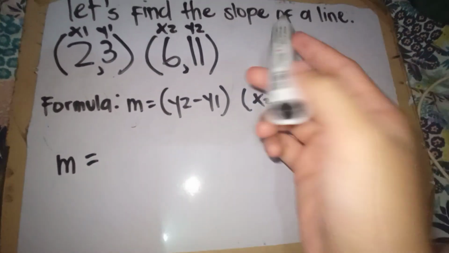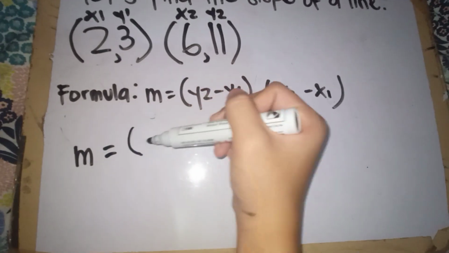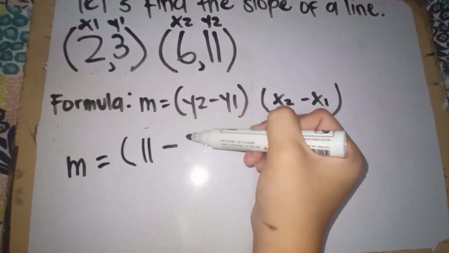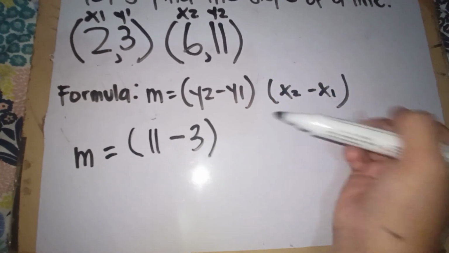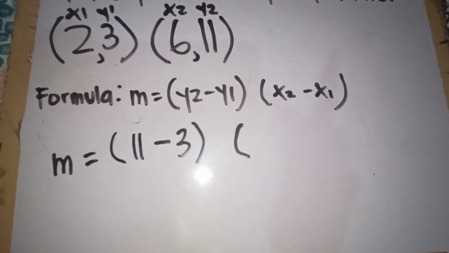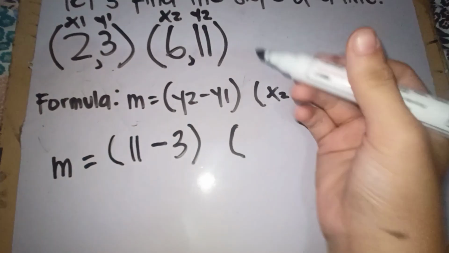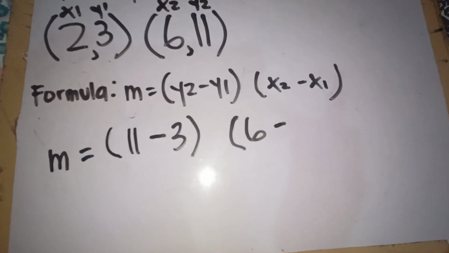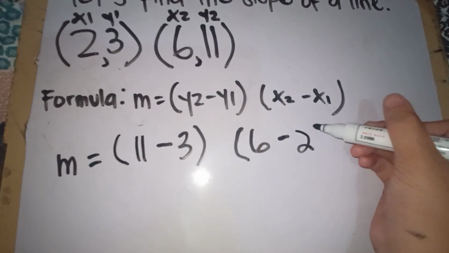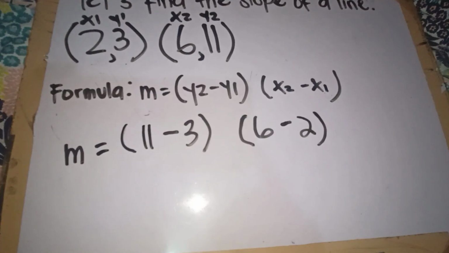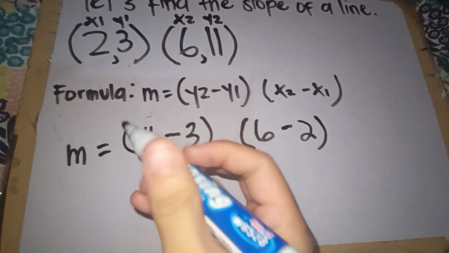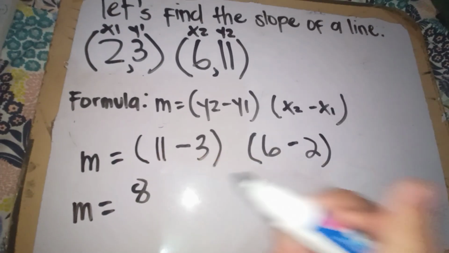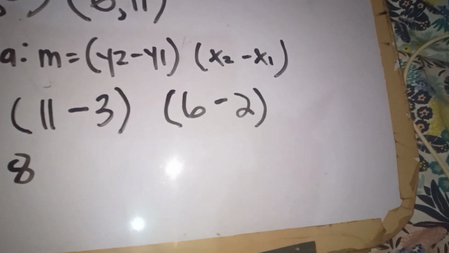Our y sub 2 is 11 minus our y sub 1 is 3, over our x sub 2 is 6 minus our x sub 1 is 2. And then let's simplify. 11 minus 3 is 8, and 6 minus 2 is 4.